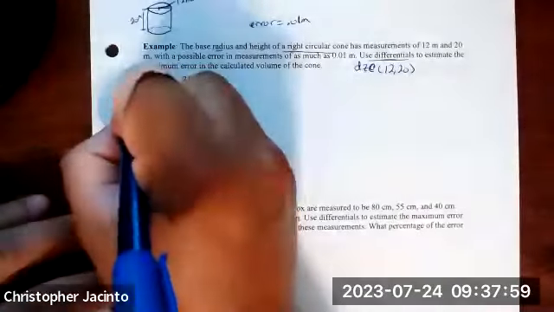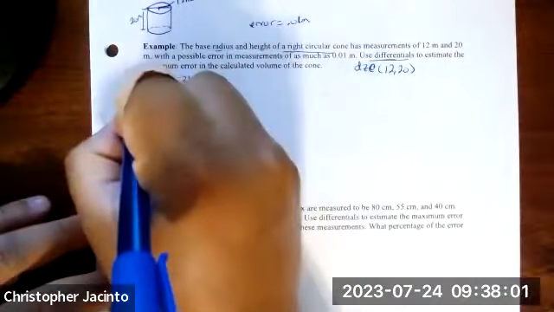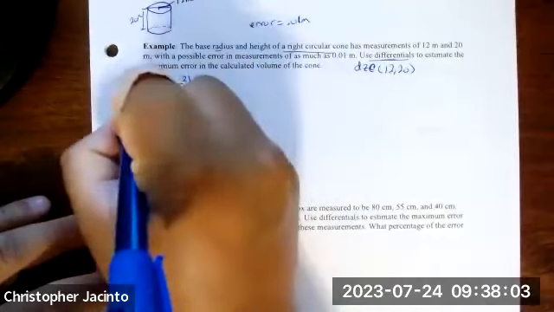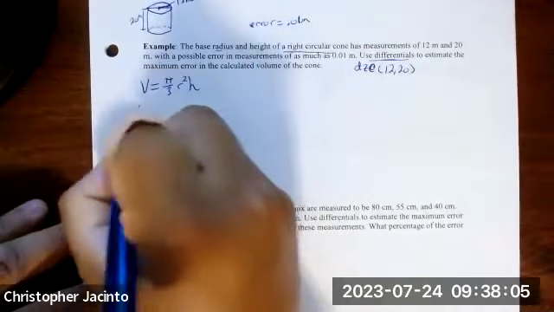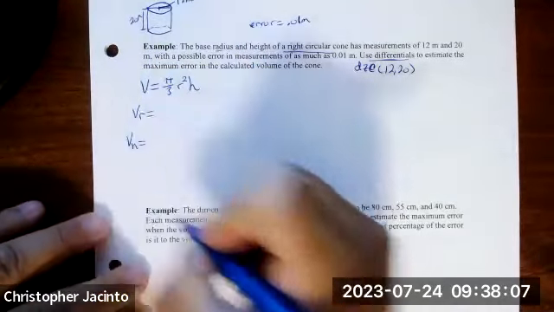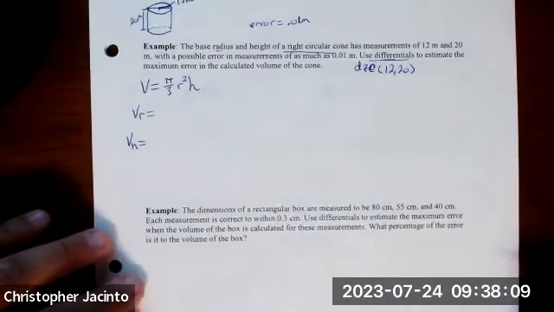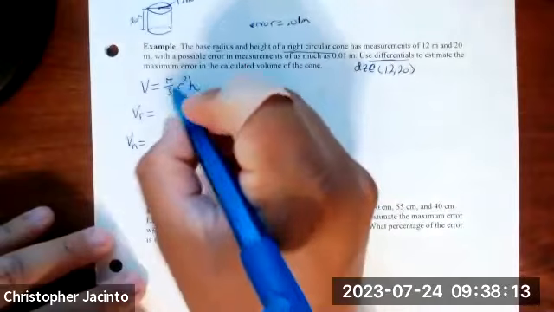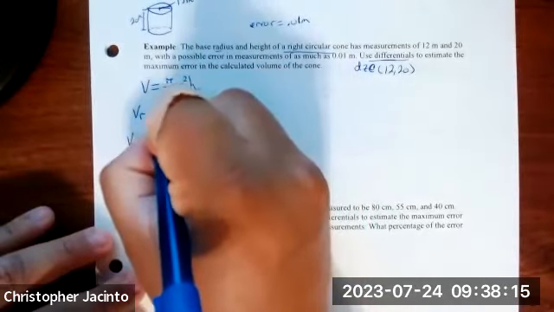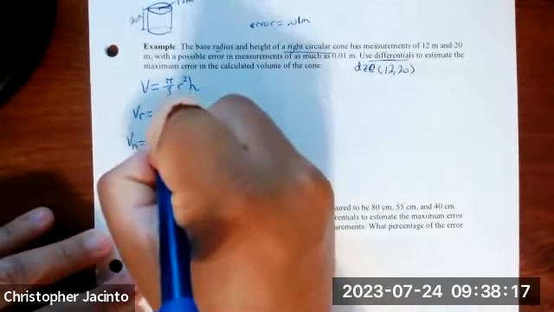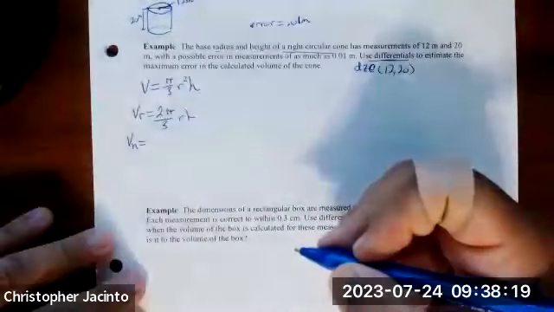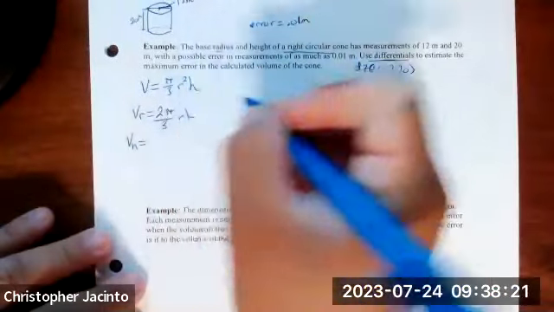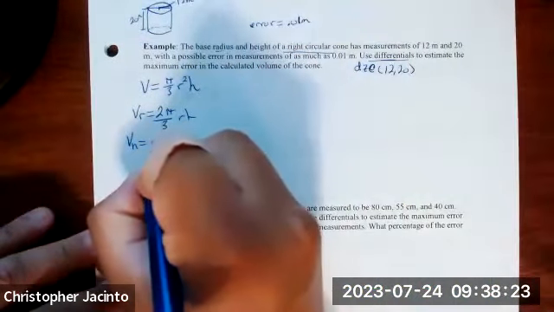Okay, so in order to use our differential formula, we have to find respect to both variables. So we define the volume with respect to r and the volume with respect to h, right? Differentiate both. So volume with respect to r is just derivative of r squared, which is 2r. So it's going to be 2 pi over 3 r h. And now derivative with respect to h is just going to be everything except the h.